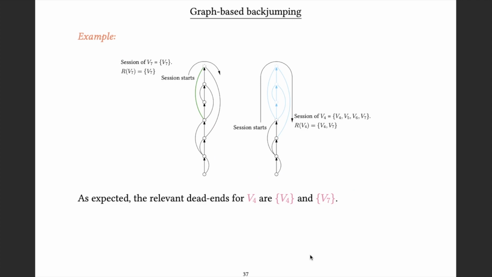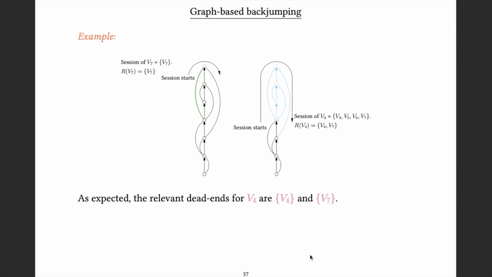Here is an example again. On the left, we're looking at the relevant dead ends for v7. Now v7 is a leaf dead end, so its session is just itself, and its collection of relevant dead ends just includes itself. On the right, the session for v4, which is where we're backjumping to, contains all of the variables visited between v4 being visited and backtracking through v4.